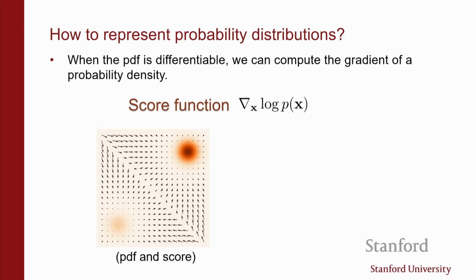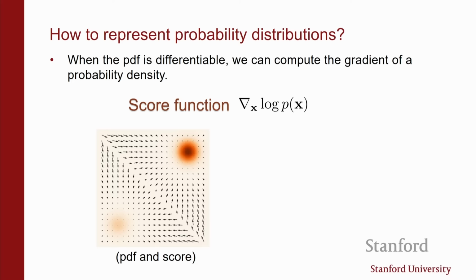We've seen this in the previous lecture, but the idea is that it provides an alternative interpretation of the probability density function. You can think of the PDF as a function that maps every point to a scalar, which is non-negative. So you can think of it as the height of some kind of surface over this 2D space. In this case, it's a mixture of two Gaussians. And the score is a vector-valued function. At every point, it gives you the gradient of the log density.